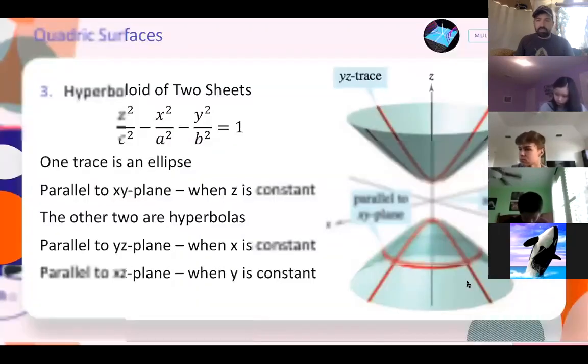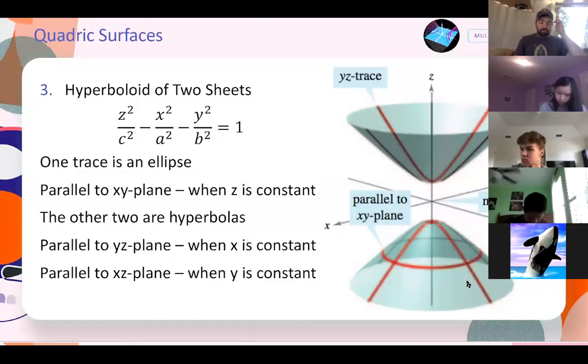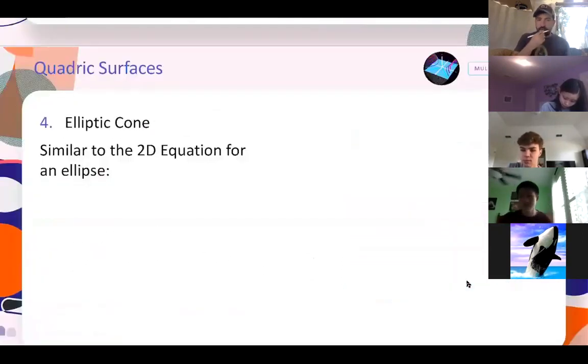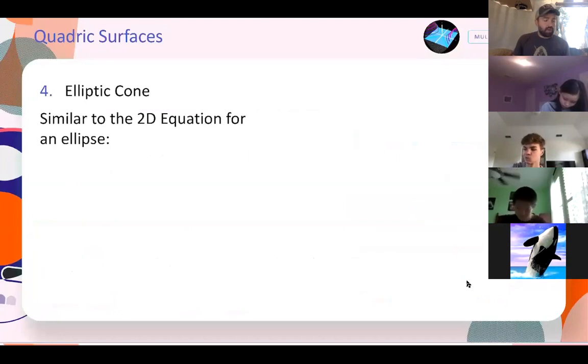So where we ended yesterday, I believe, was we had gone through 3 of the 6 quadric surfaces. So we ended with the hyperboloid of 2 sheets. The next one is the elliptic cone. So kind of like all the other ones, we can start with a familiar 2D conic section.